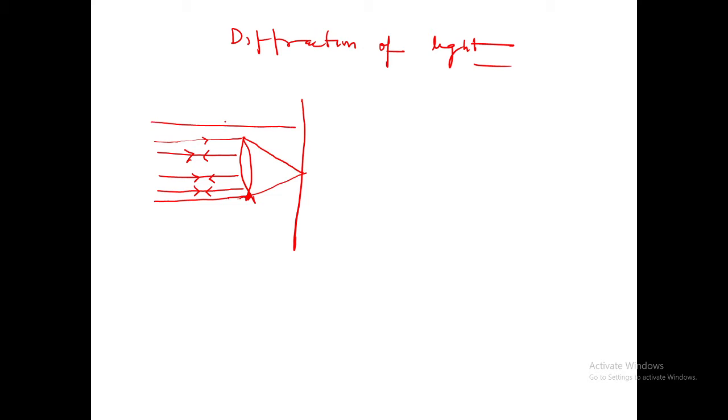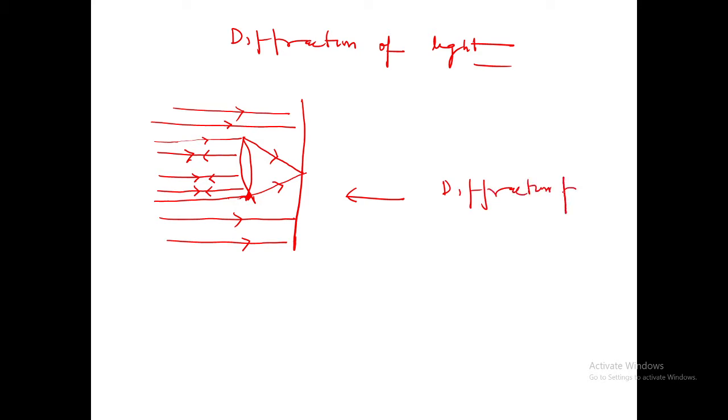And this light ray goes without any disturbance. So this is the case of diffraction from an obstacle.